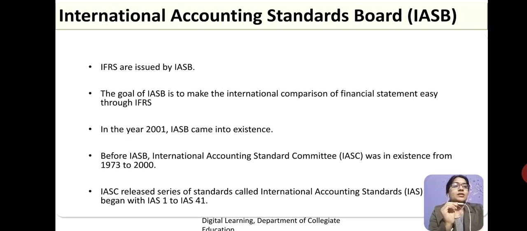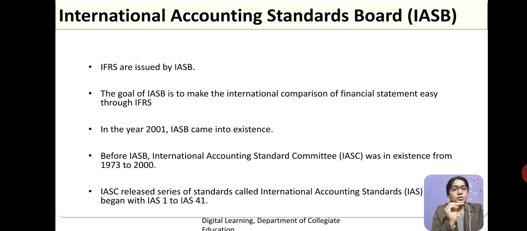Same way, the IFRS are issued by the authority called IASB. So what is the basic goal of IASB? The goal of IASB is to make international comparison of financial statement easy through IFRS. Okay, then we'll see why the comparison is needed and all that we'll see.